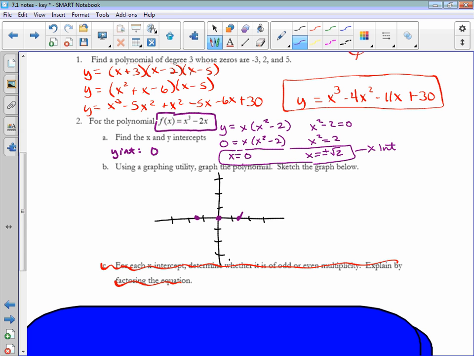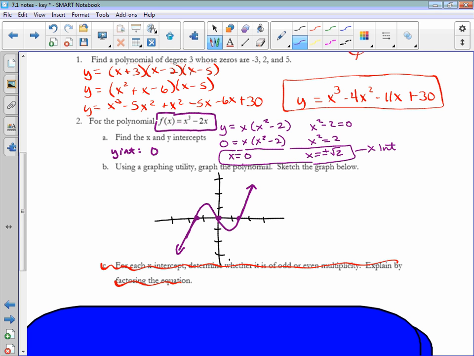So this one's going up, this one's going down. And did I have multiplicity with any of those 3 zeros? No, you did not. So it's just going to cross the x-axis, cross the x-axis, cross the x-axis. Now, are you going to know exactly how high this little relative max or how low this relative min go? No, I'm not going to make you find those by hand. I just want the general shape of the sketch.